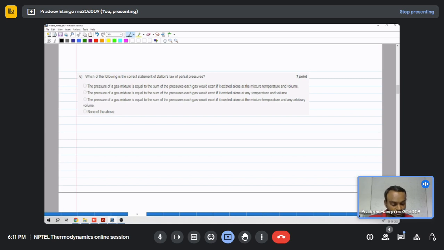Can you tell me which is the right option? So this is option A. The gas mixture will exert a pressure that is the sum of the pressures that each gas would have exerted when it existed alone at the mixture temperature and volume.